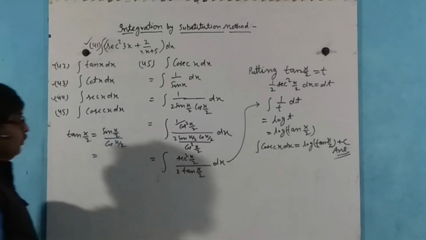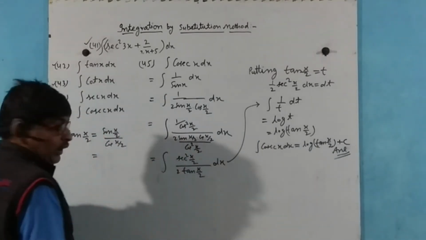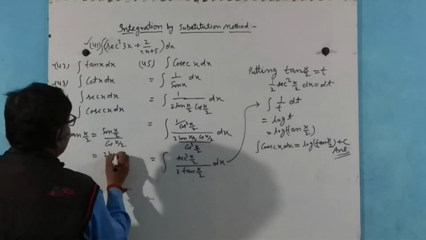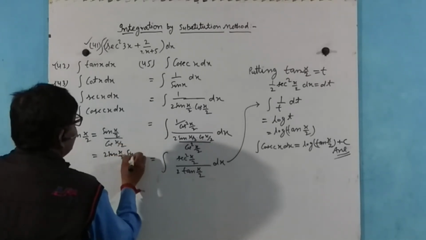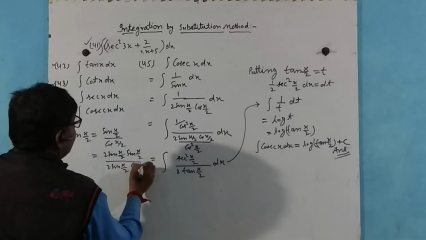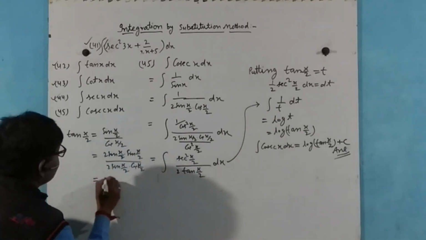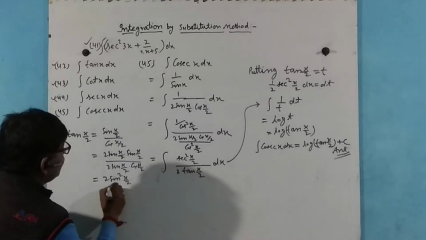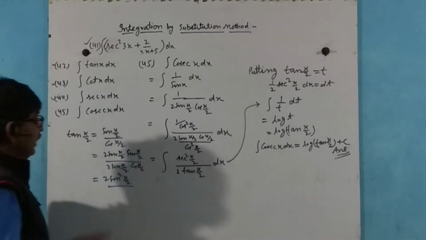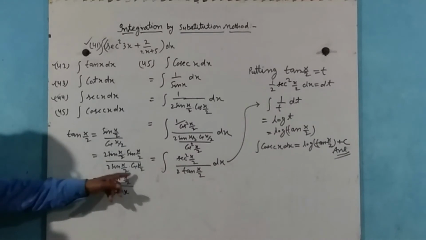Now we multiply numerator and denominator by 2 sin x by 2, so we get 2 sin square x by 2 divided by 2 sin x by 2 into cos x by 2, which is simply sin x.